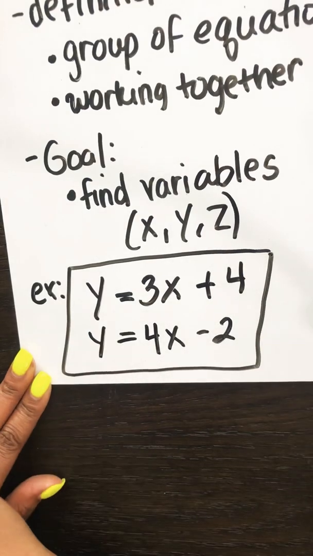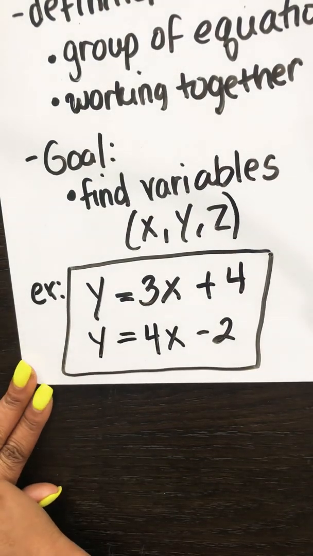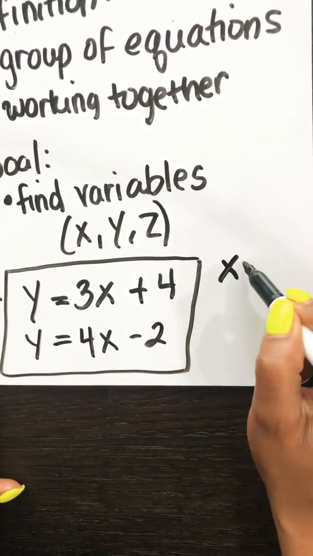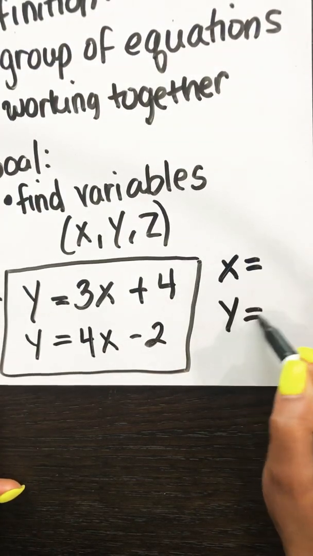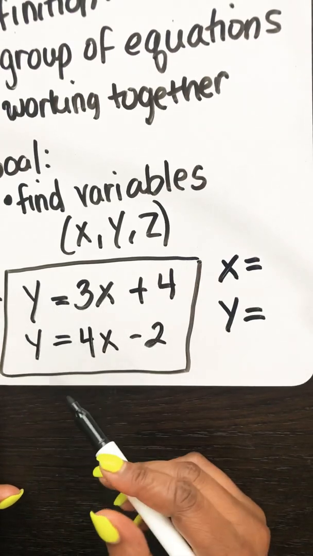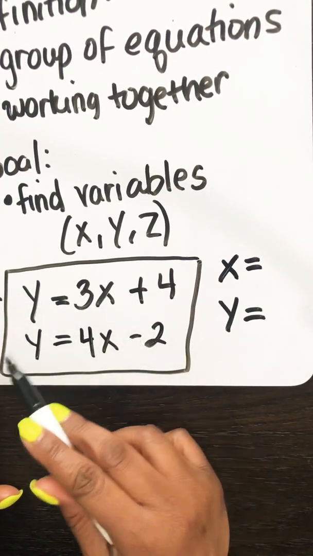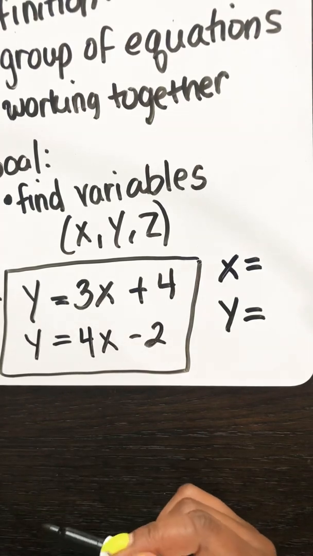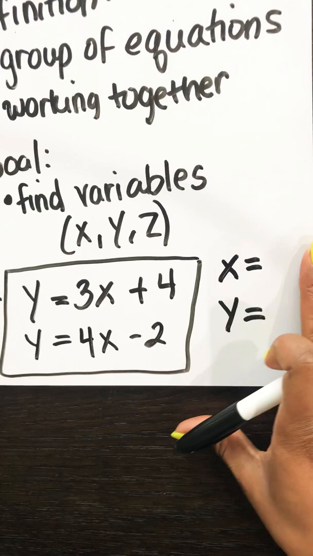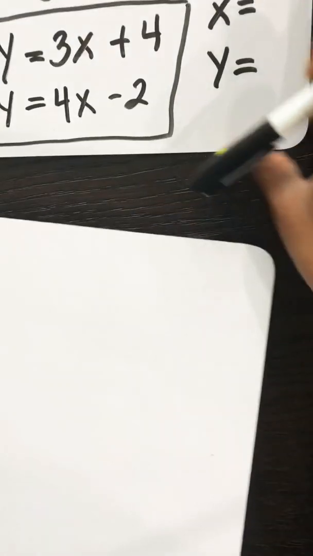We have 2 equations, and so the purpose of this is we're trying to figure out what x is and what y is. So what we have to do is we have to kind of manipulate, and by manipulate I mean we have to kind of like play around with these numbers to help us figure out x and y, okay?